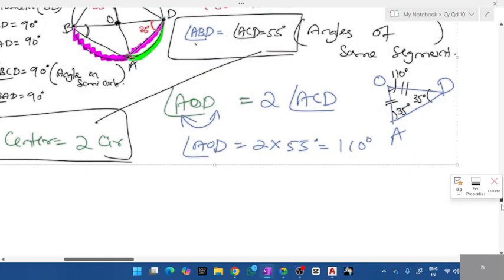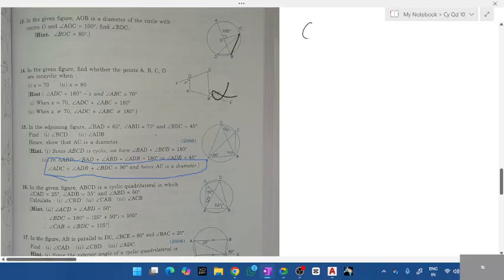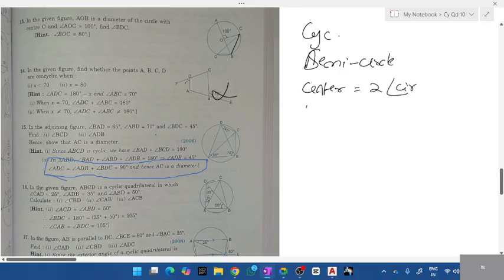See, don't randomly start solving the question. Follow the order which I've told you all. Check cyclic. Angle formed on semicircle, semicircle concept. And if there is no semicircle, then go with center is equal to twice circumference or angles formed on same segment. Theorem 1, theorem 2.